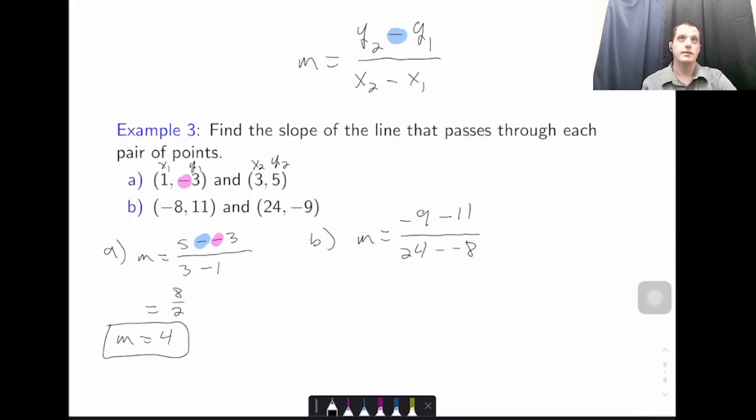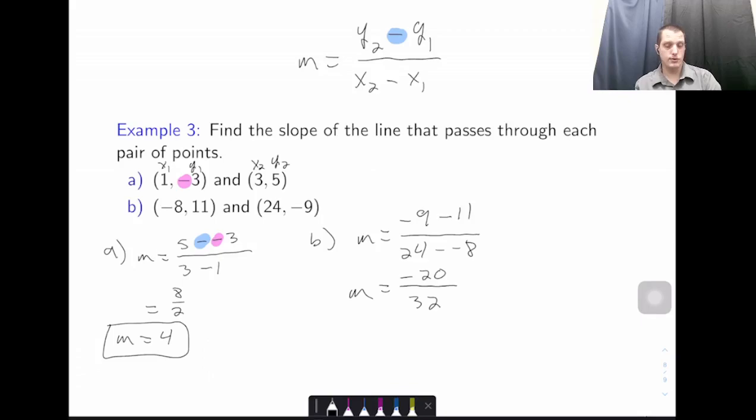All right, negative 9 minus 11, they're both negative, so we're actually going to add them together but keep the sign. We're going to get a negative 20 all over 24 plus 8, or a 32. All right, well, we're not done there.